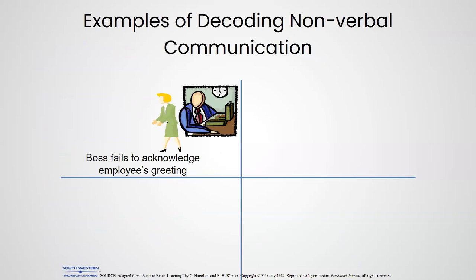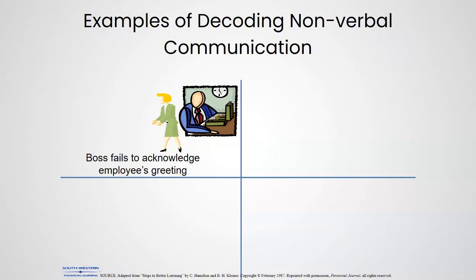So there, as we can see in the picture, there are so many messages that we can interpret from nonverbal communication. For example, in this picture, we have a boss and also a lady, let's say a secretary. And she tried to greet the boss, but the boss has not acknowledged the greeting.